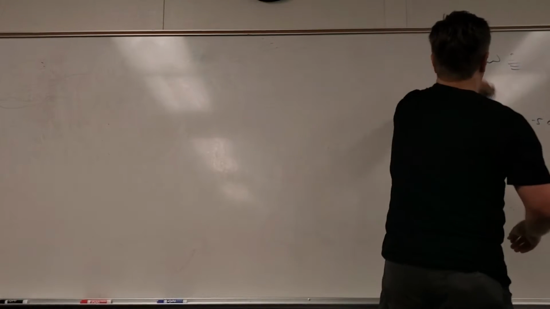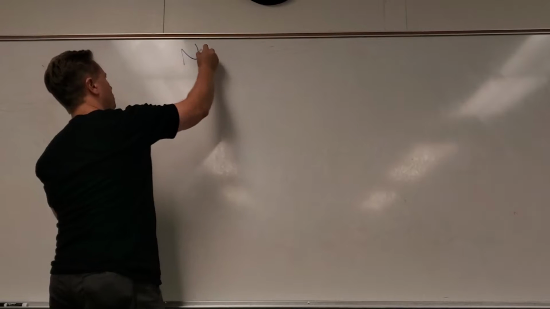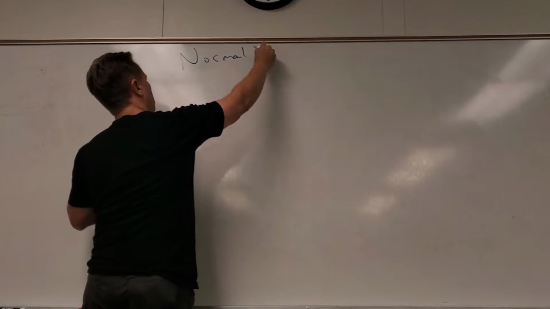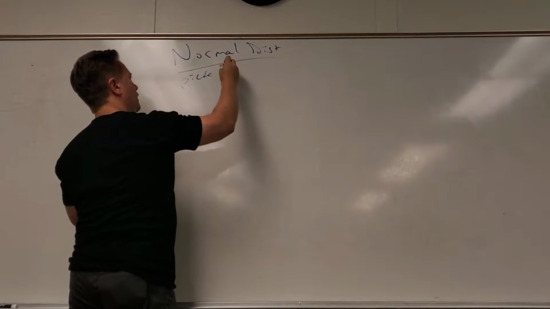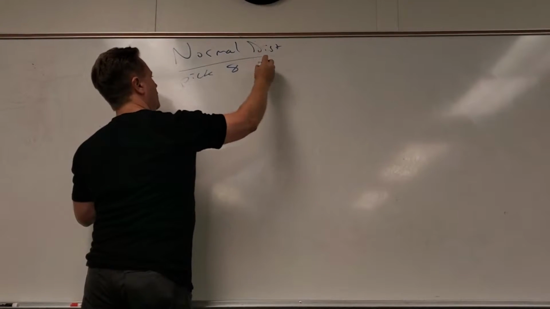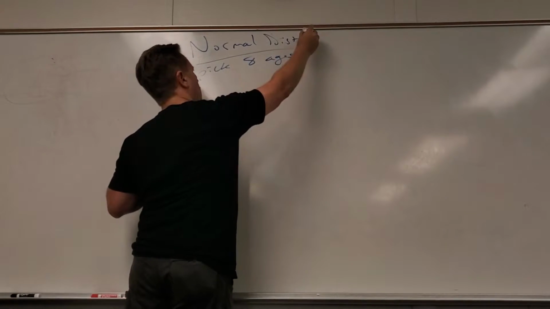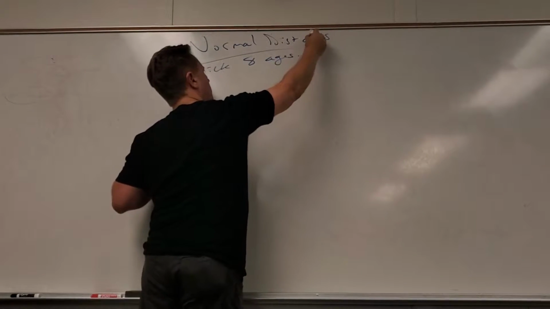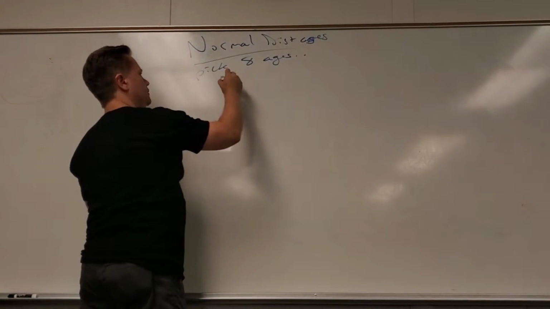So let's say I have a normal distribution, and I pick 8 ages, instead of ages, normally distributed ages, and I get these ages.